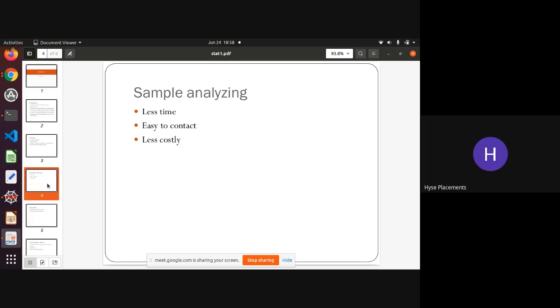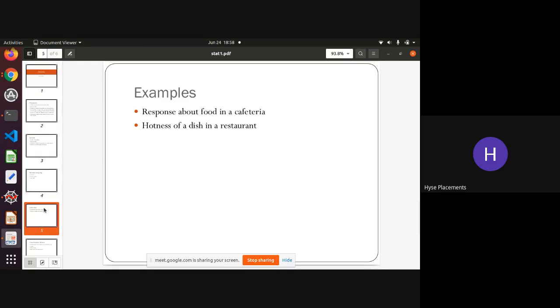If you take a sample, like only 10,000 to 20,000 out of 10 million, the resources needed are very less compared to the entire population. So that's where you can reduce the cost. These are the main reasons why people go for sample analysis.